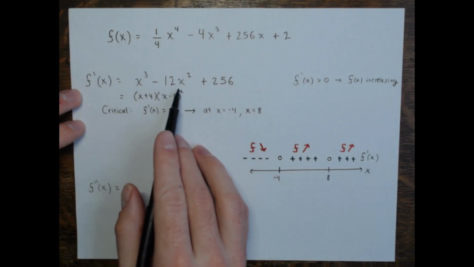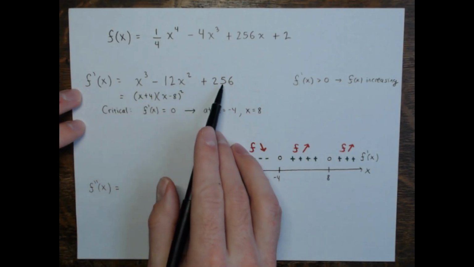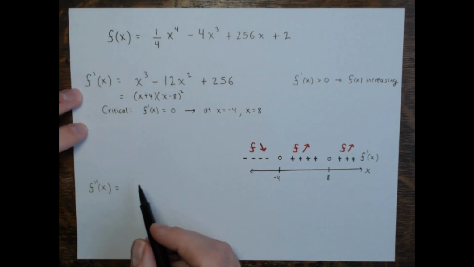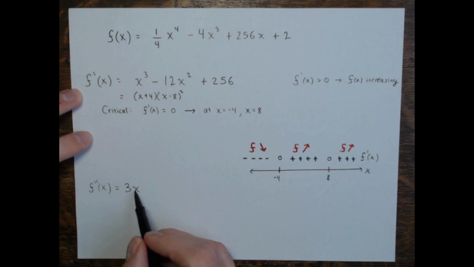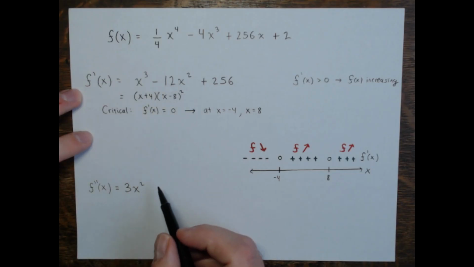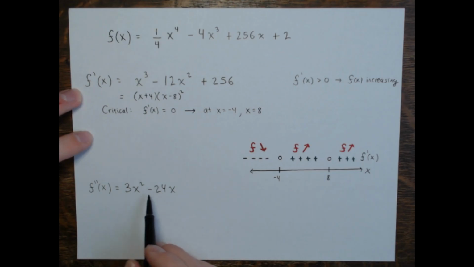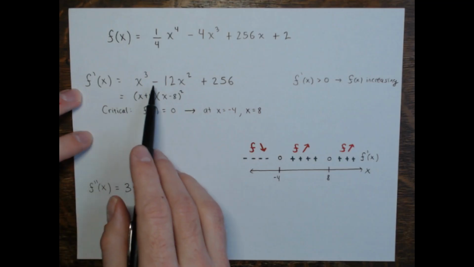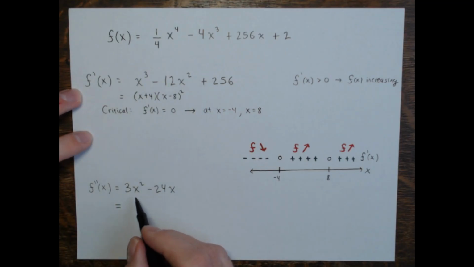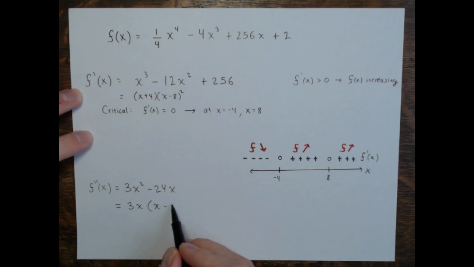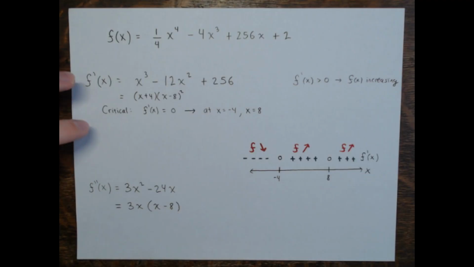and looking at f prime, going term by term, doing the power rule. That'd be 3x squared minus 24x to the first, which is a nice easily factorable one right now, like the cubic was earlier. I can factor out a 3x from both these terms, and if I do that, you'd have x minus 8 left over.